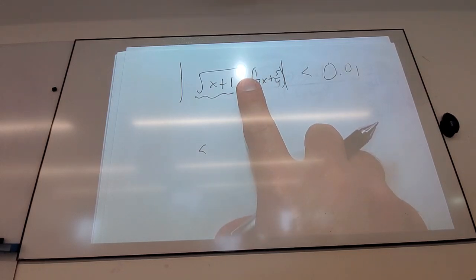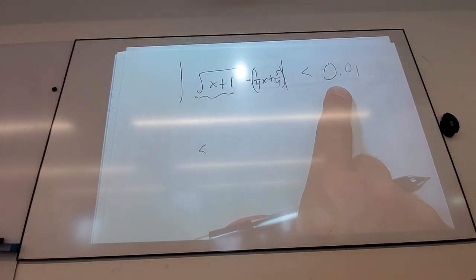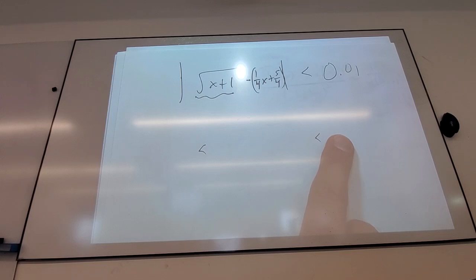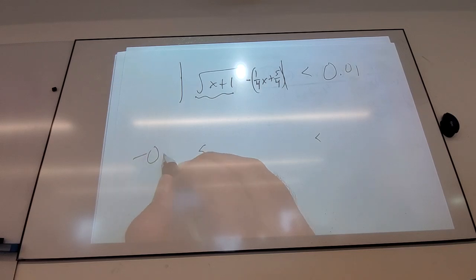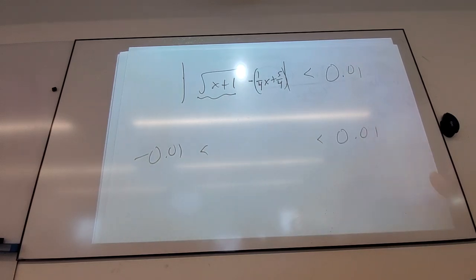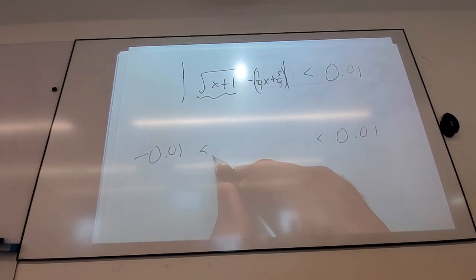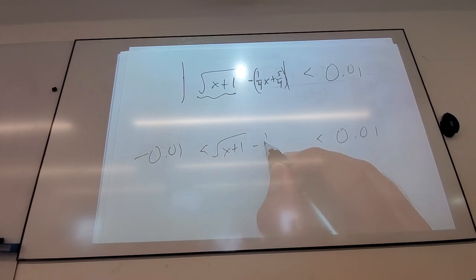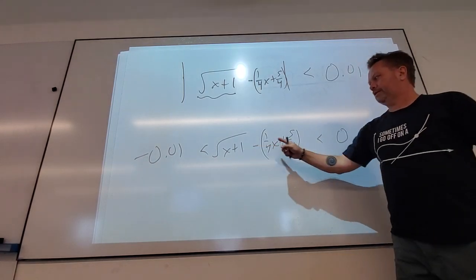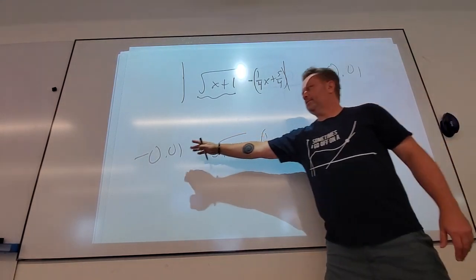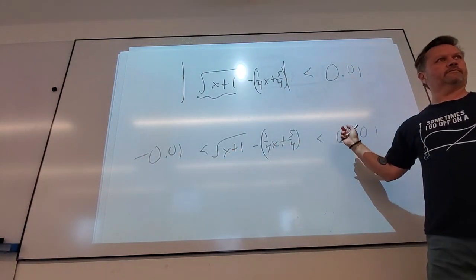If this has got to be closer than 0.01, it's got to be between what and what? Do you remember? Negative 0.01 and positive 0.01, yes? So I want the difference between these two to be between these values.